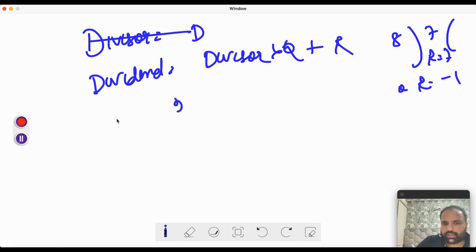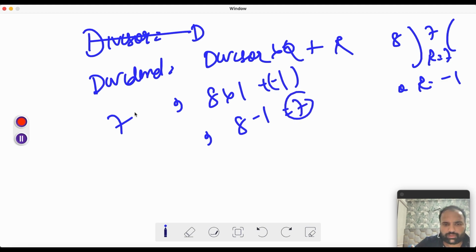So can we write 7 is equal to 8 into 1 minus 1, because plus 7 can be written as minus 1. So what are we getting? 8 minus 1 into 7. That's how you can do it as well, and that's what we have used.